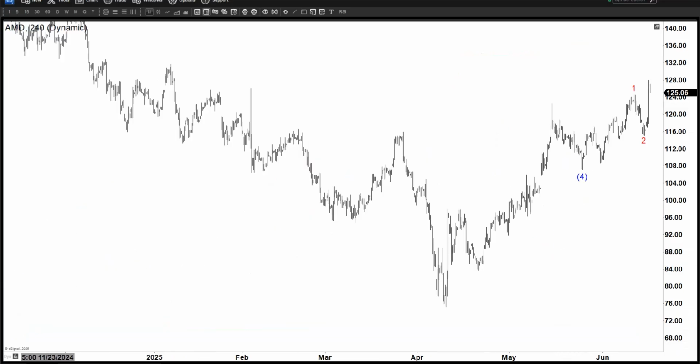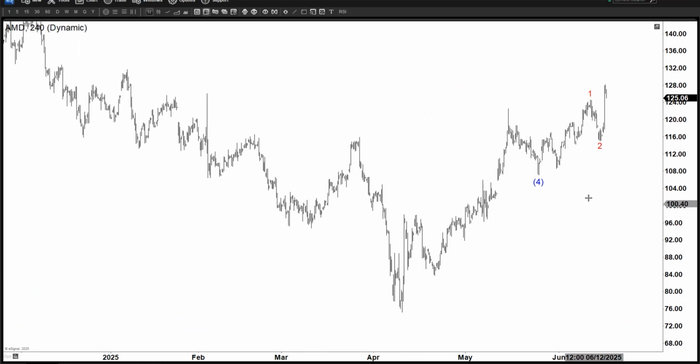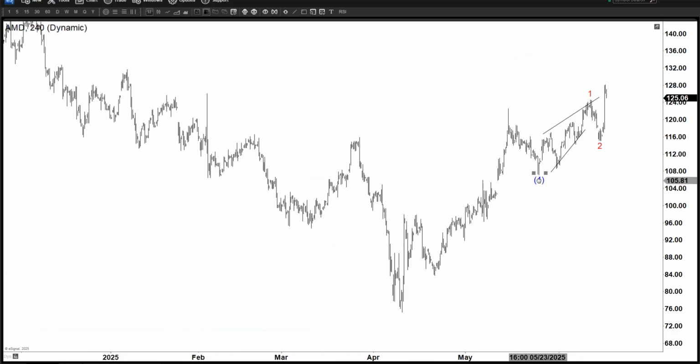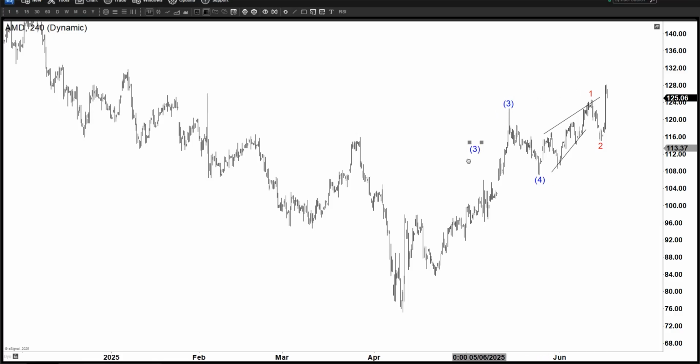Now again, if I zoom out on the 4 hour time frame, this is 1, 2 in the minor degree, like we saw in the 1 hour. This 1, 2, and then this is the 4 in blue here. So if we try to complete the structure, then this is the 3 in blue, and then the 1 and the 2 in blue should be somewhere right here.